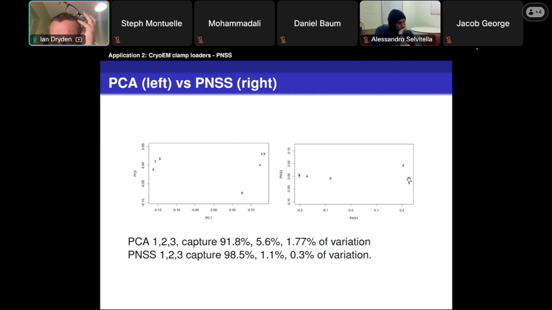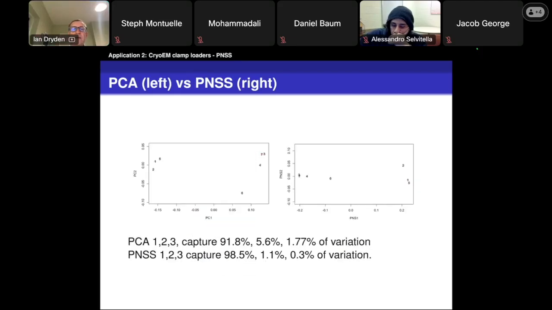The second one's a little bit out. But the 6th one here, the one that was a bit more doubtful, is clearly a bit more to the closed than the open. And that's true also with the PCA, but the movement seems to be much more 2-dimensional here, whereas it's almost 1-dimensional here.